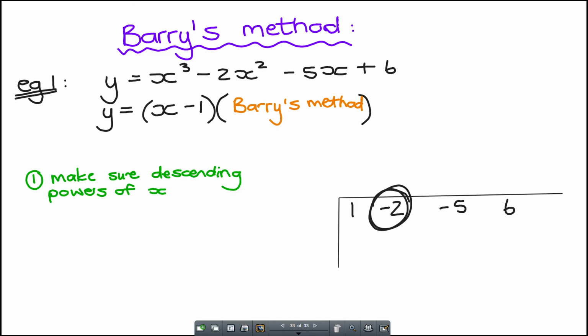You guys good? Right. Make sure descending powers of x. Step 2: write down coefficients.